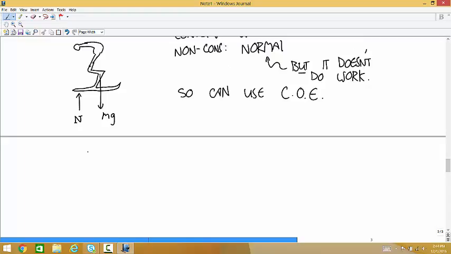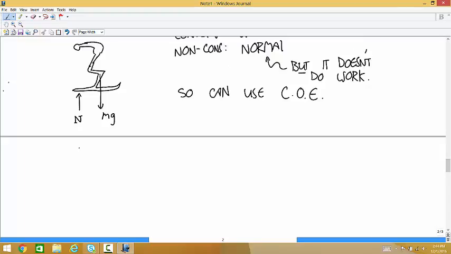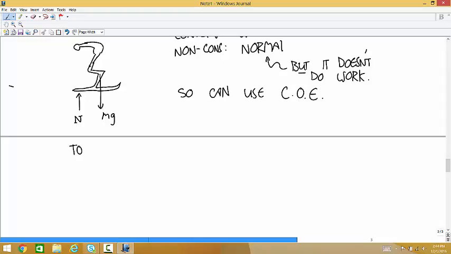The way I'm going to set up this problem is, conservation of energy always deals with two different instants. If you add up the potential and the kinetic energy at each instant, they have to add up to the same thing. So I'm going to make a column for when the skier's at the top of the hill, and a column for when the skier's at the bottom of the hill.